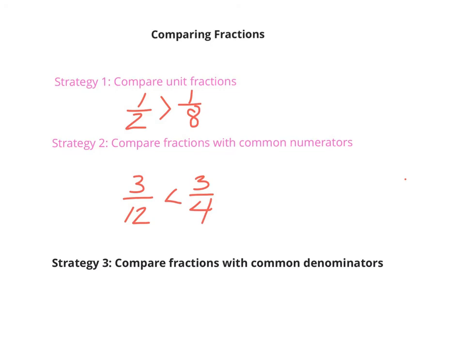So we'll add this on to our chart. So strategy 3 is compare fractions with common denominators, such as 1/4 and 2/4. So we know that 1/4 is less than 2/4 because 1/4 only has one piece and 2/4 has two pieces, and the denominators are the same.